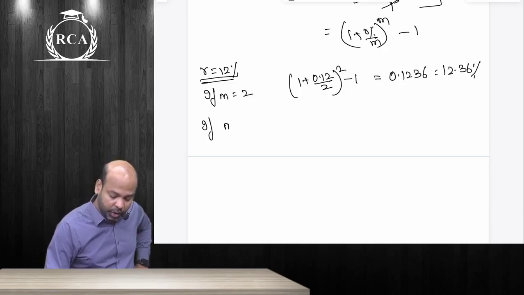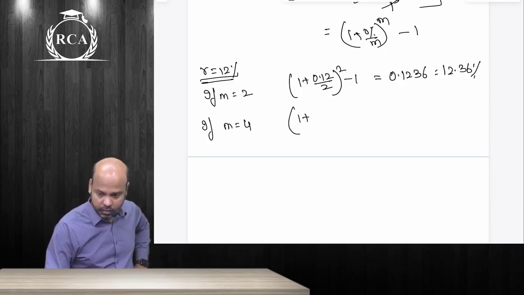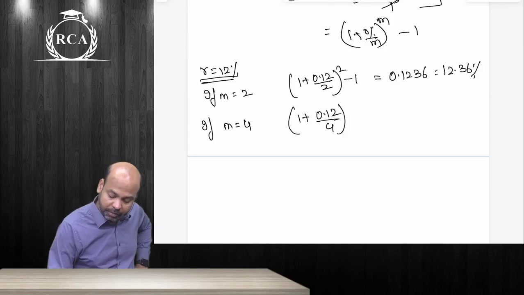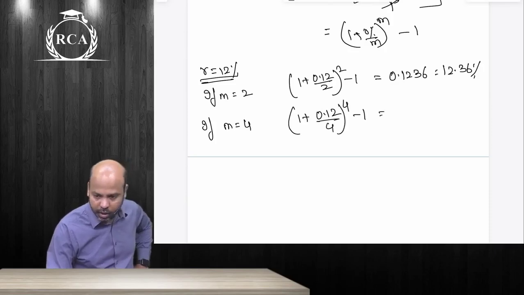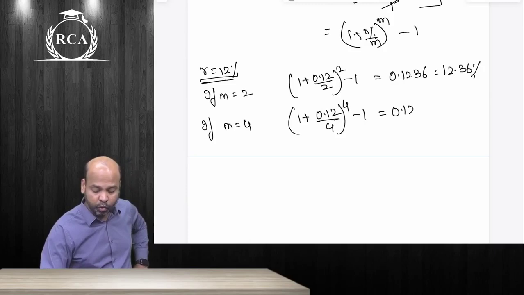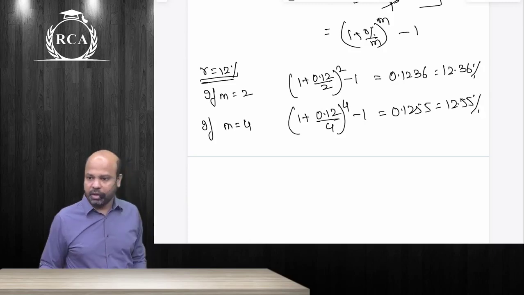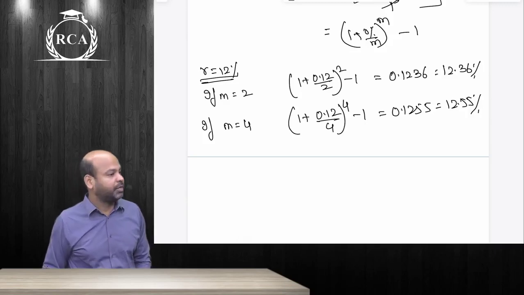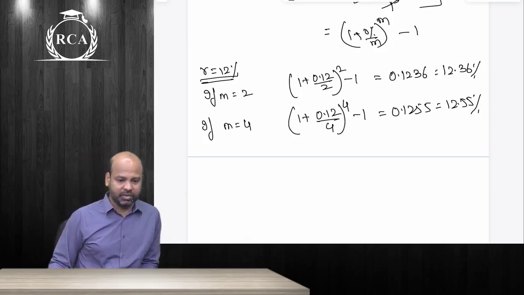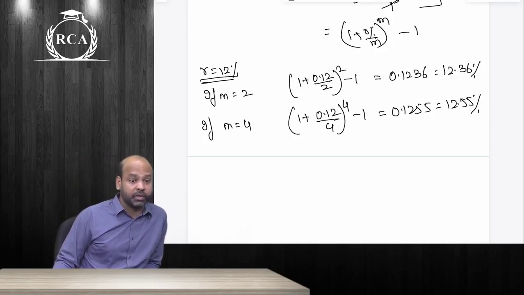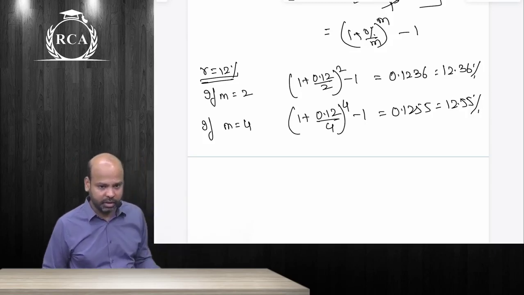If M is equal to 4, (1 plus 0.12 divided by 4) whole power 4 minus 1, you should get 0.1255, that will be 12.55%. Your effective yield will be 12.36% if compounding is done twice a year, and 12.55% if compounding is done 4 times a year. Are we clear about this?